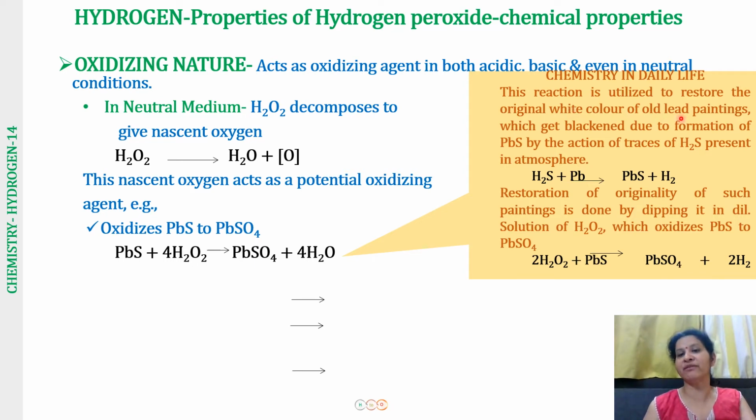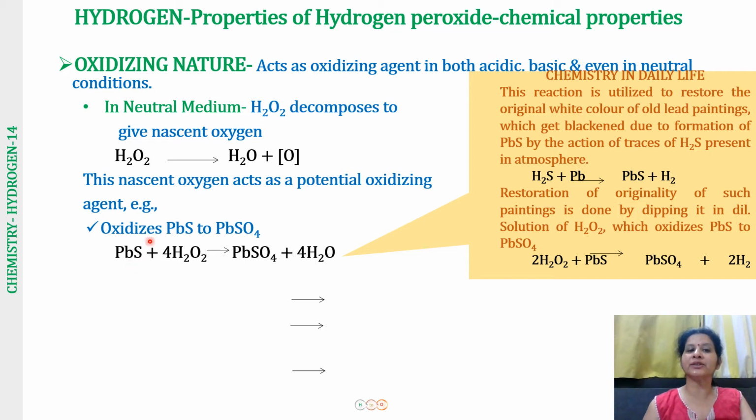So this is something very important, very frequently asked in the examination, so you should remember this. Alright. Now, when we are seeing these reactions in the neutral media, you can see that it is an oxidation reaction. So sulfur has an oxidation number ranging from -2 to +6, right? So this is the lowermost oxidation number that sulfur can have.